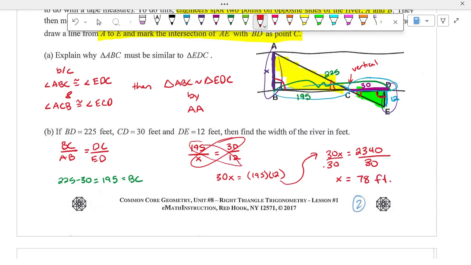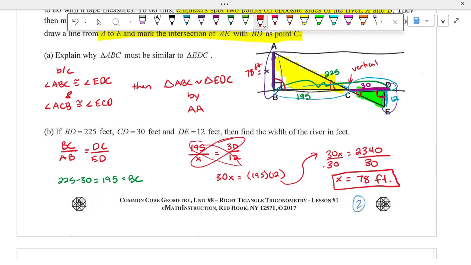Feet. Make sure you put the units as well. So the length of the river is 78 feet. That's how long that riverbank is. Any questions on how you use similar triangles to solve for sides? It's not too bad. You really just need to pay attention to the corresponding sides.